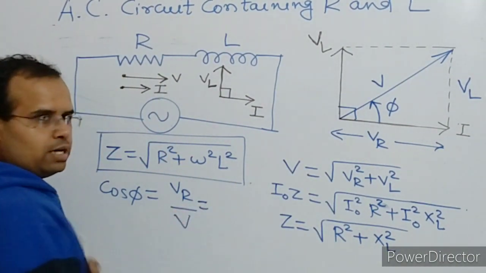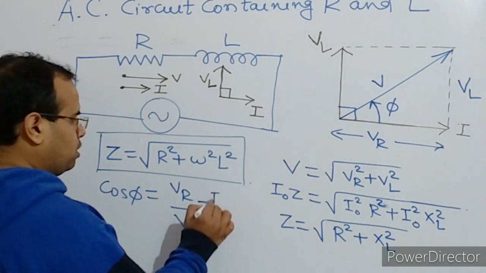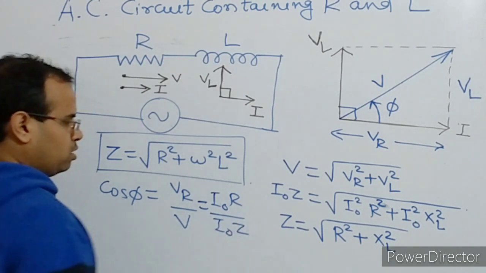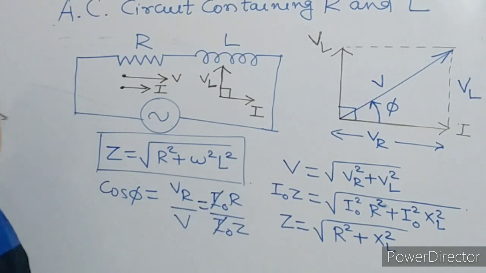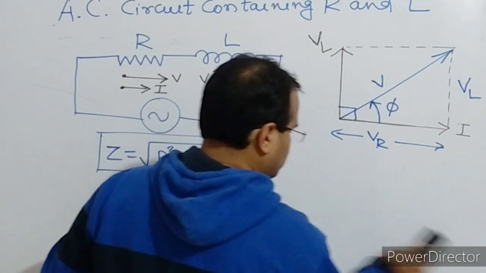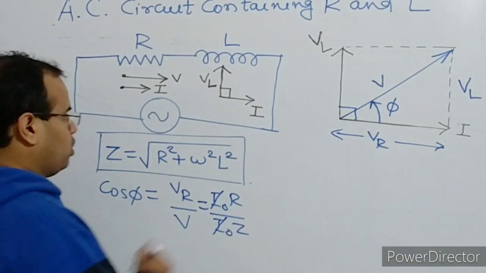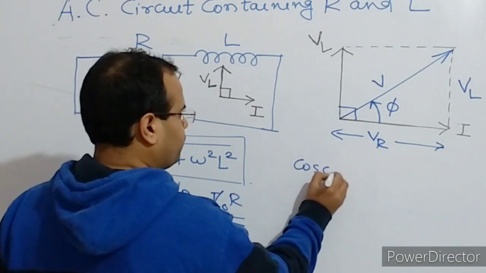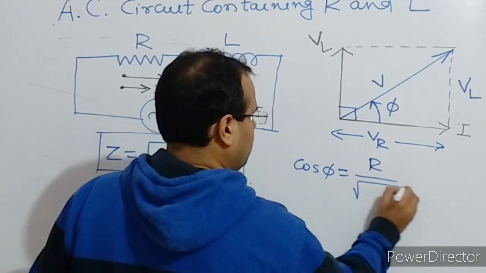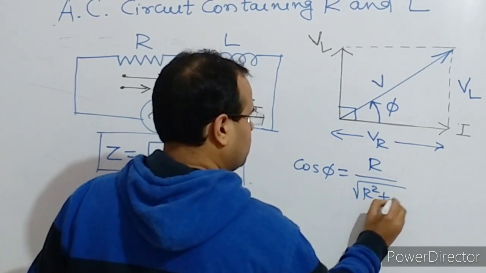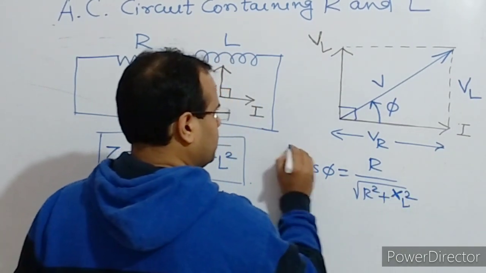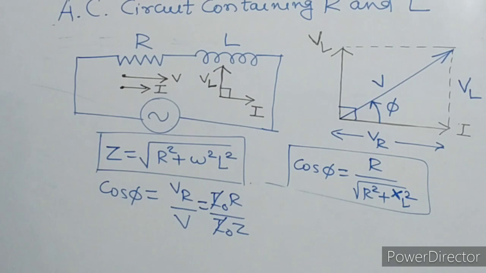So VR can be written as I naught times R divided by I naught times Z. I naught cancelled, so cos phi equals R by Z, and as we know Z, which we just wrote, cos phi is equal to R upon under the root R square plus XL square. So this is how you can write cos phi.